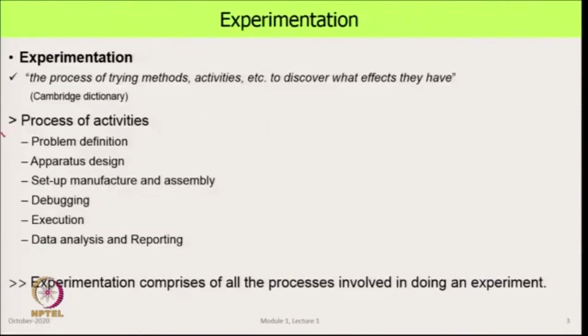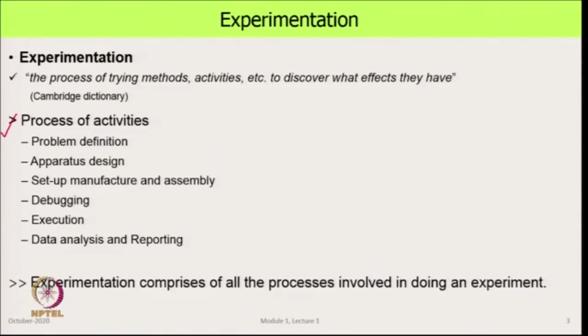So, what we are saying is that experimentation is everything from thinking about wanting to do something to making a setup, taking measurements, collecting the data, analyzing it, drawing conclusions and finally, presenting those conclusions.